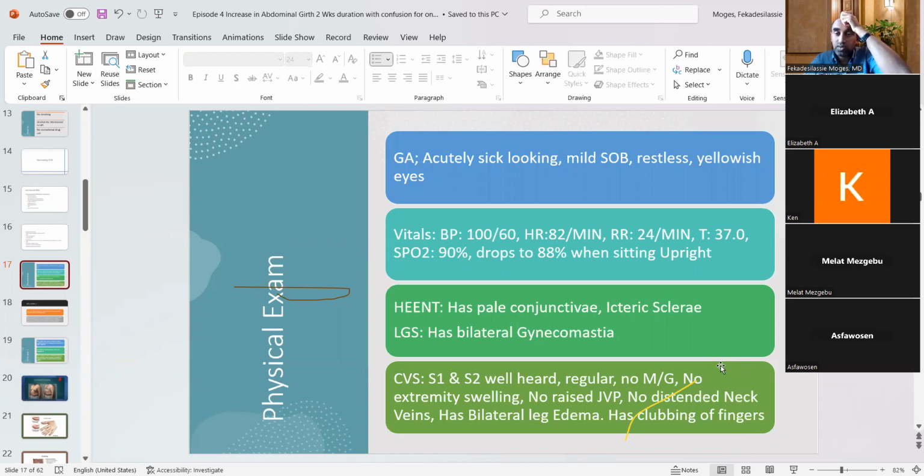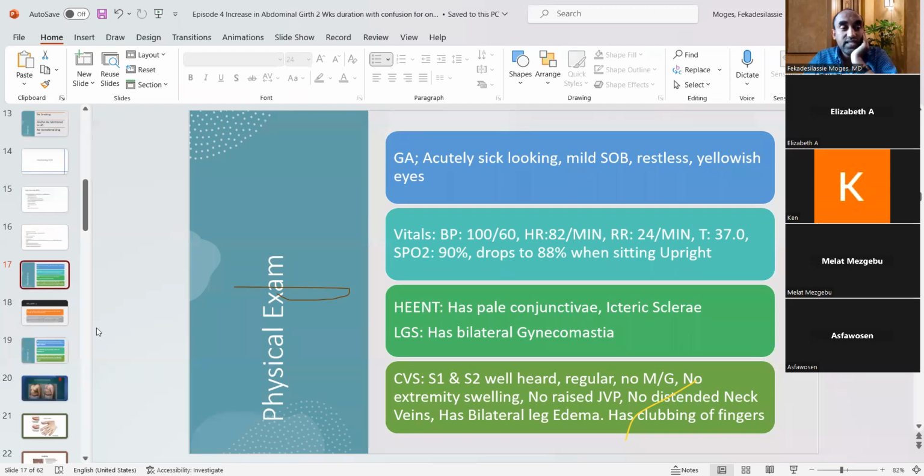The extremities, right? So what do you anticipate in the extremities? Edema. He has pedal and pretibial edema, and sacral edema as well. And he has foot edema as well. Pedal, ankle, and pretibial edema. Very good.